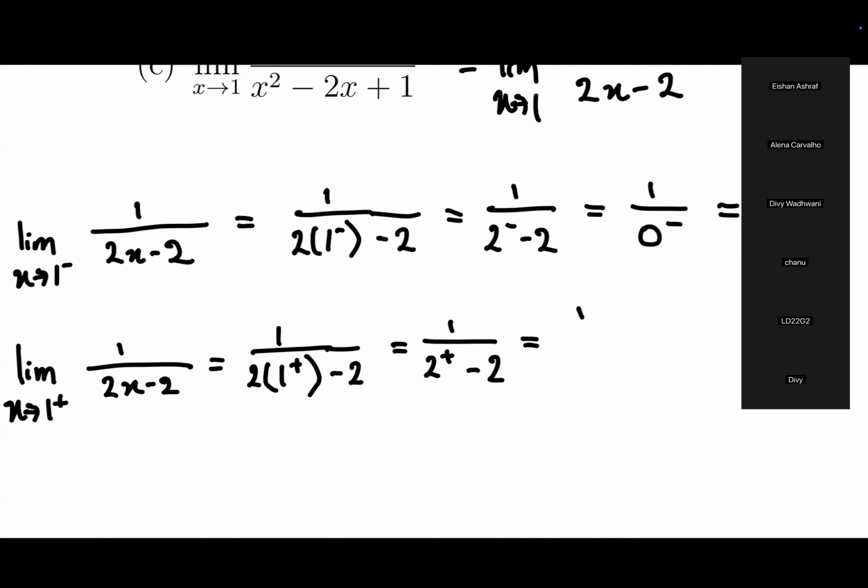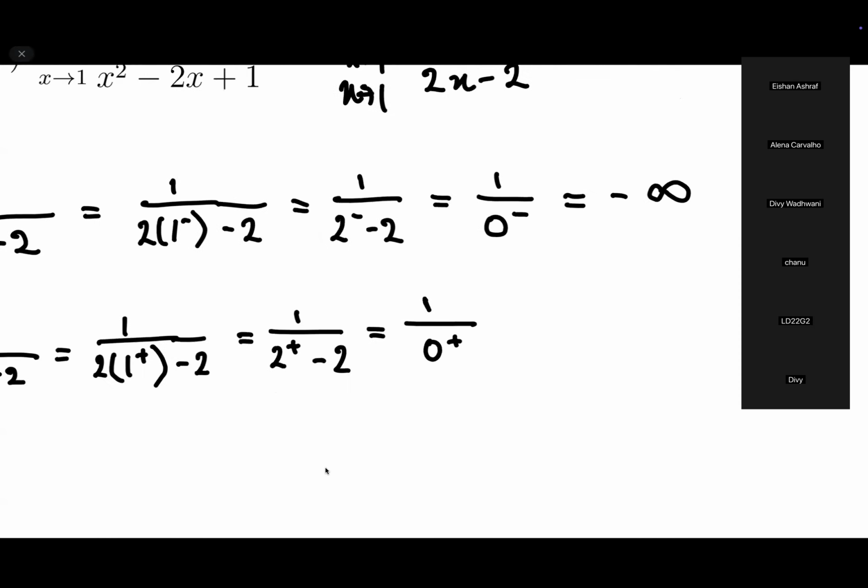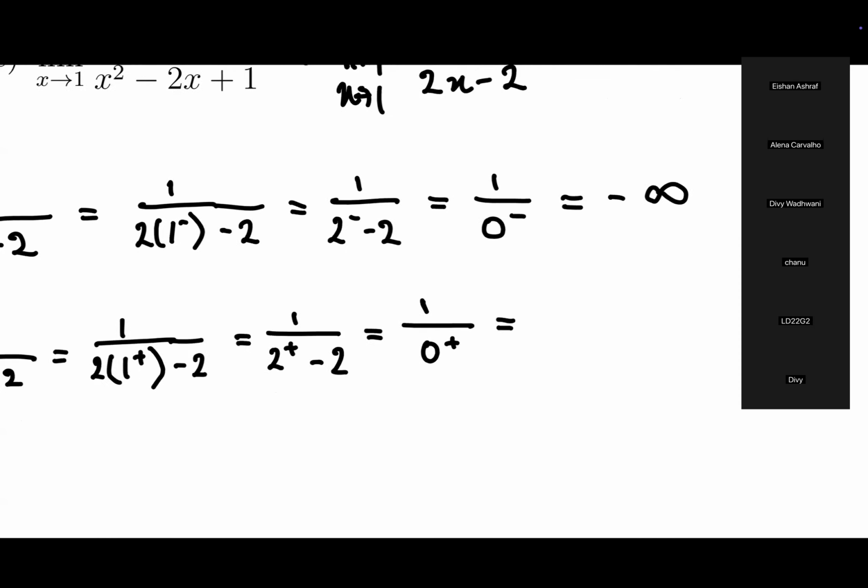This gives us some value very close to 0, but positive, and this ends up giving us positive infinity.